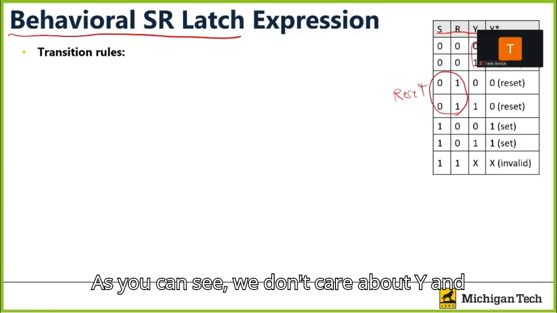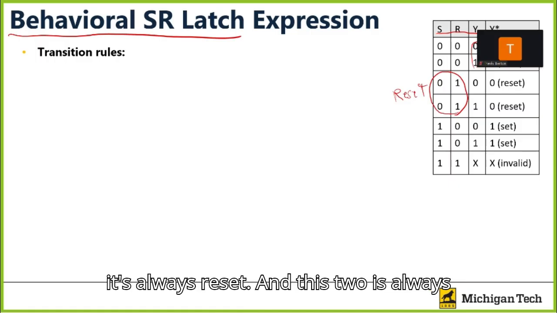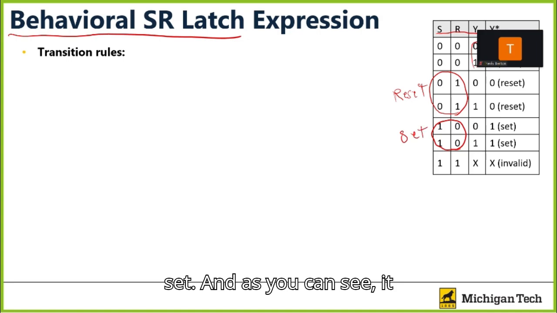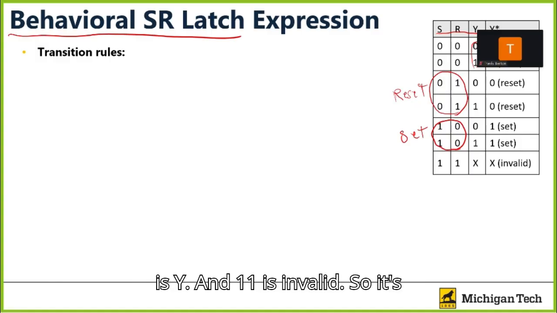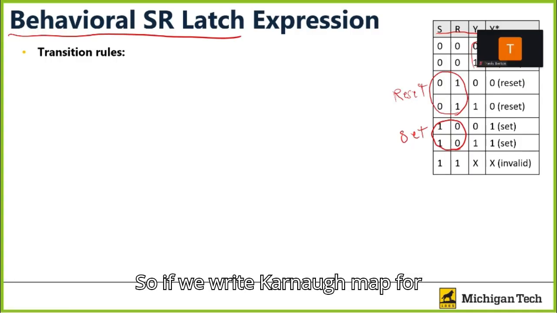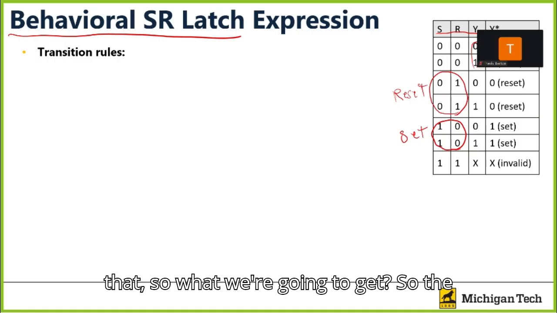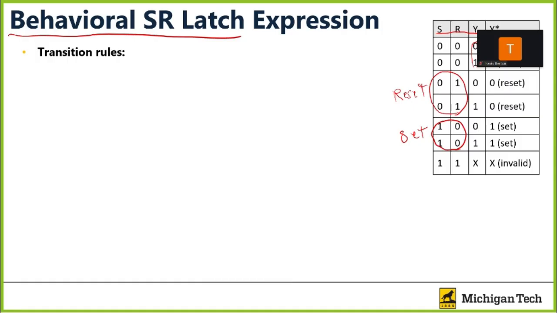As you can see, we don't care about Y and it's always reset, and these two are always set, and it doesn't care about Y and just sets. This means the output is Y, and 1, 1 is invalid, so it is don't care. Okay, so if we write a Karnaugh map for that, what are we going to get?